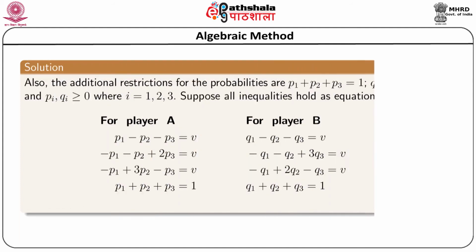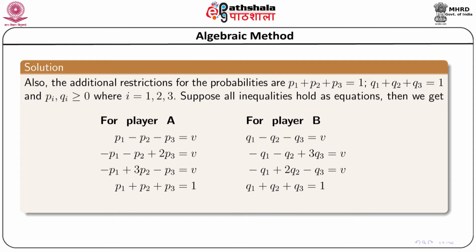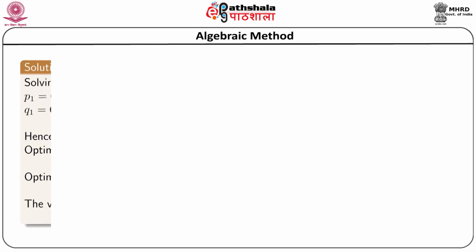In order to get the values of P1, P2, P3 and Q1, Q2, Q3, we consider only the equations and solve for P1, P2, P3 such that P1 plus P2 plus P3 equal to 1, and similarly we find the values of Q1, Q2, Q3 so that Q1 plus Q2 plus Q3 equal to 1.